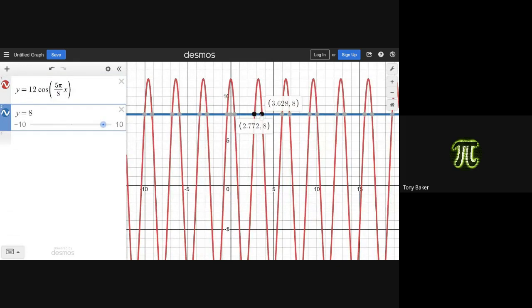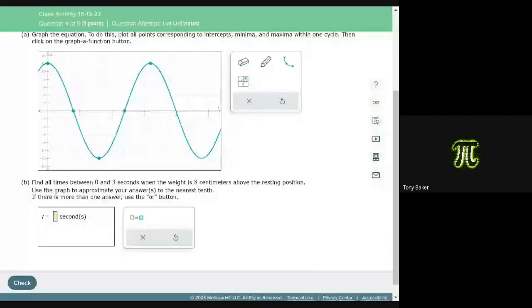And we're looking for the values that are less than 3 seconds. We have 2 values because that one's over 3. So 0.428 and 2.772. And it said it wanted it to the nearest tenth. So 0.4 and 2.8. And if you look, that kind of makes sense based on the graphs that they gave you too.